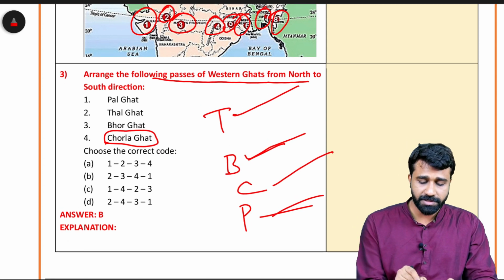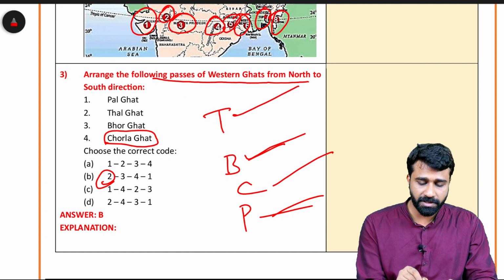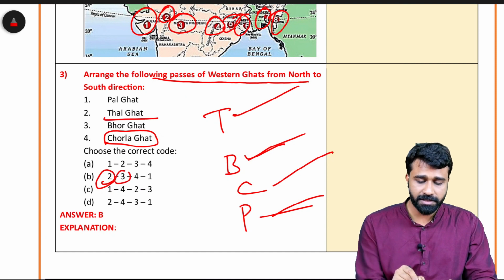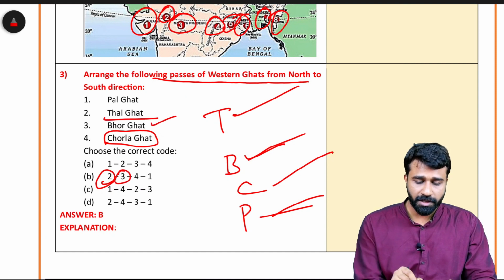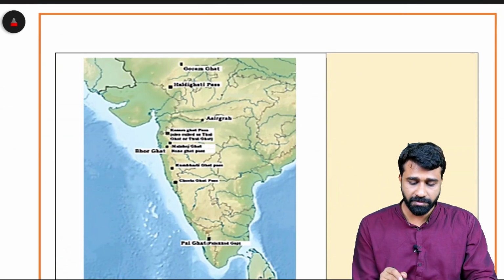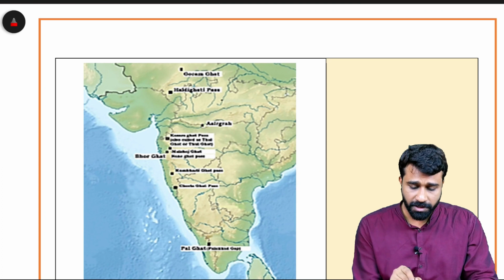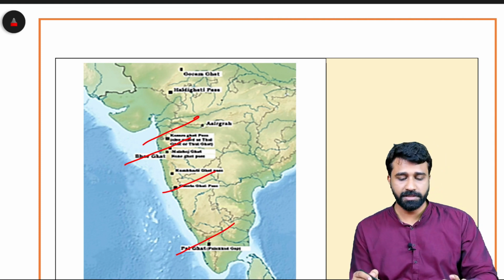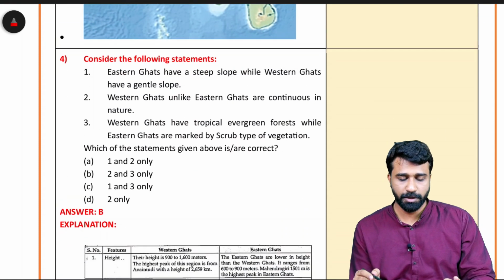This is the right sequence. You have to check the map once in the synopsis.